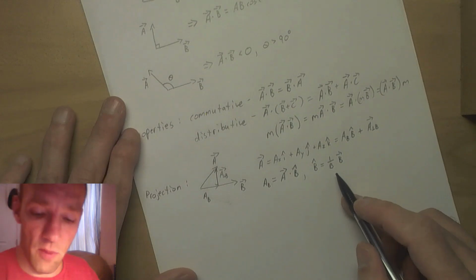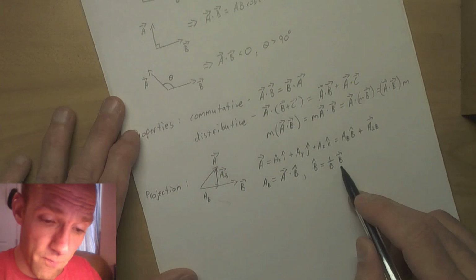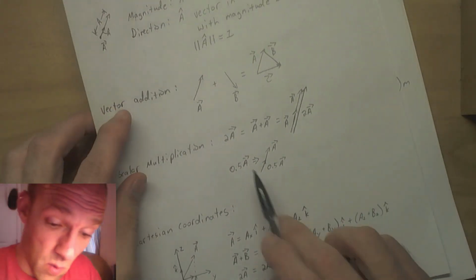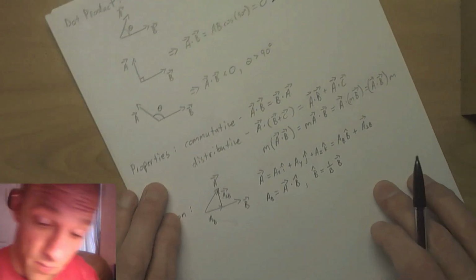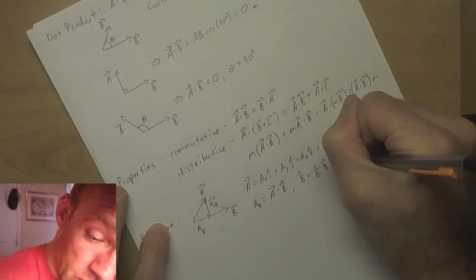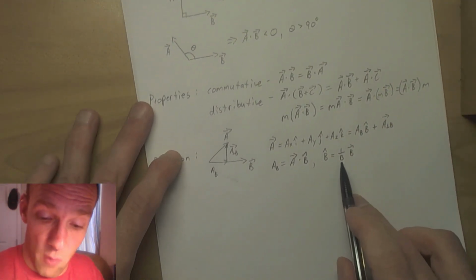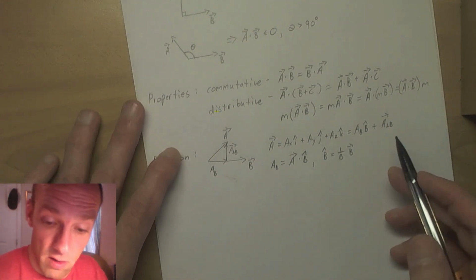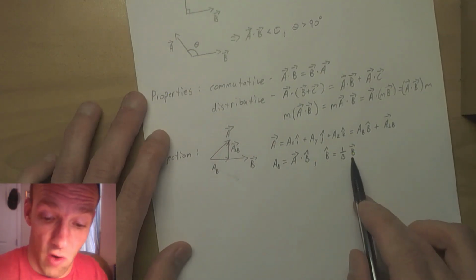So if I take 1 over the magnitude and multiply it by this vector, we've shrunk the length by 1 over the magnitude. It's kind of a trivial thing, so you guys can see what's going on here. If I multiply by the inverse of the magnitude, the magnitude becomes 1. So now I have a unit vector in the direction of B.